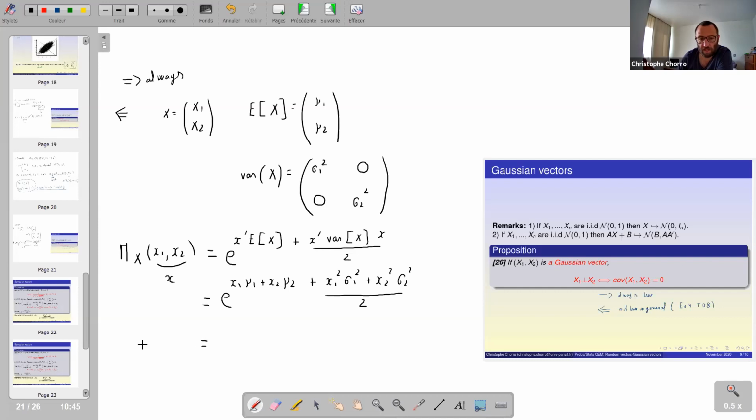And what I can see is that I can separate this quantity into a product of one quantity depending only on x1 and one quantity depending only on x2.